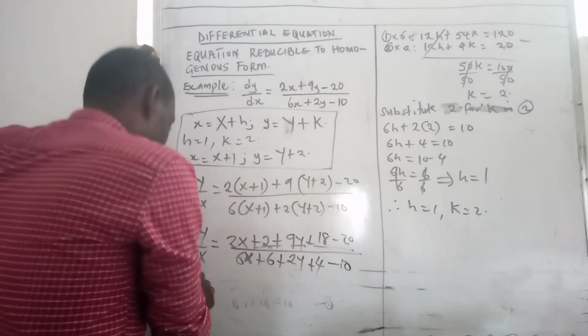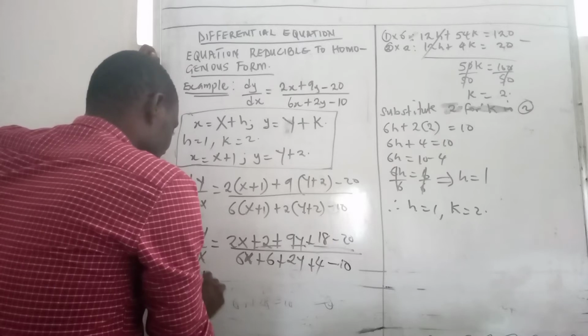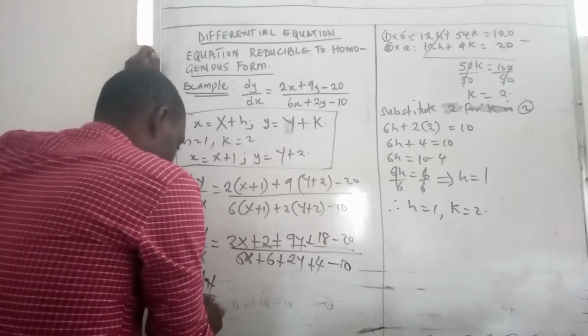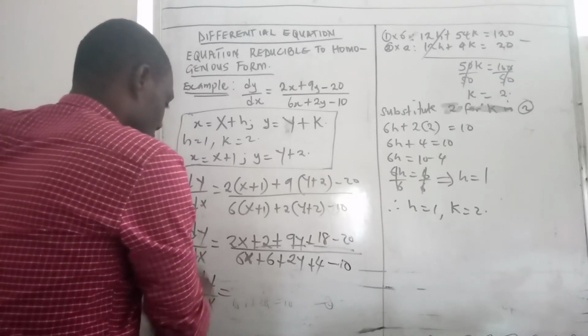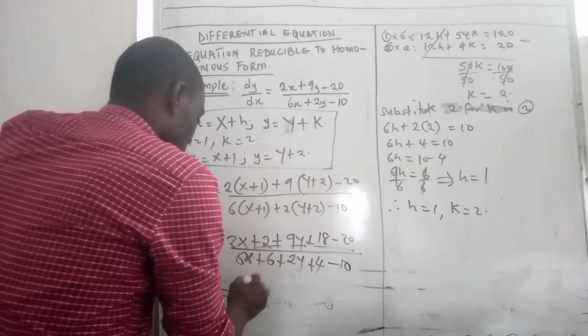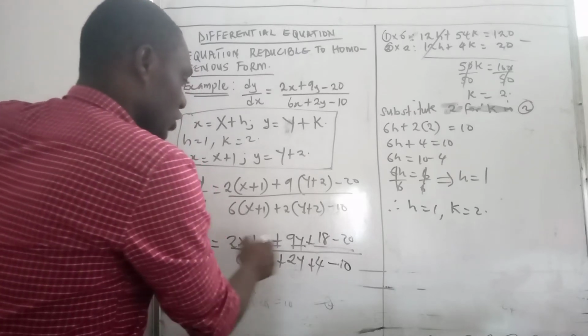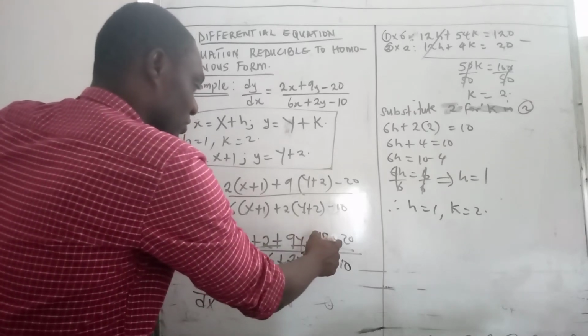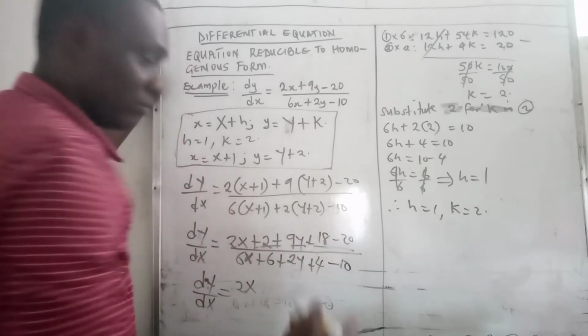0. So I'm going to be left with the dY/dX, capital letters please, capital X equals 2x. So this plus this is 20 minus this. That gives me 0.